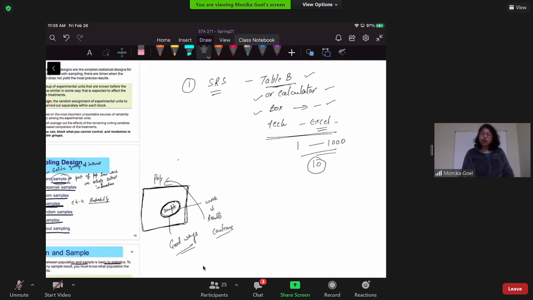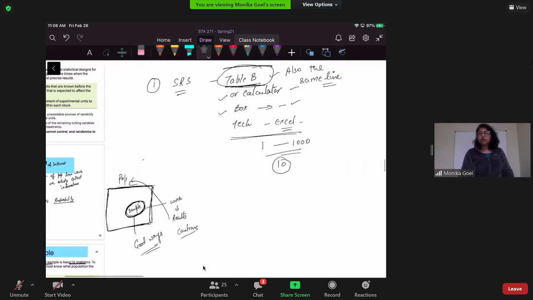Again, when we all want the same sample from the same population, we use table B, using the same line in table B.